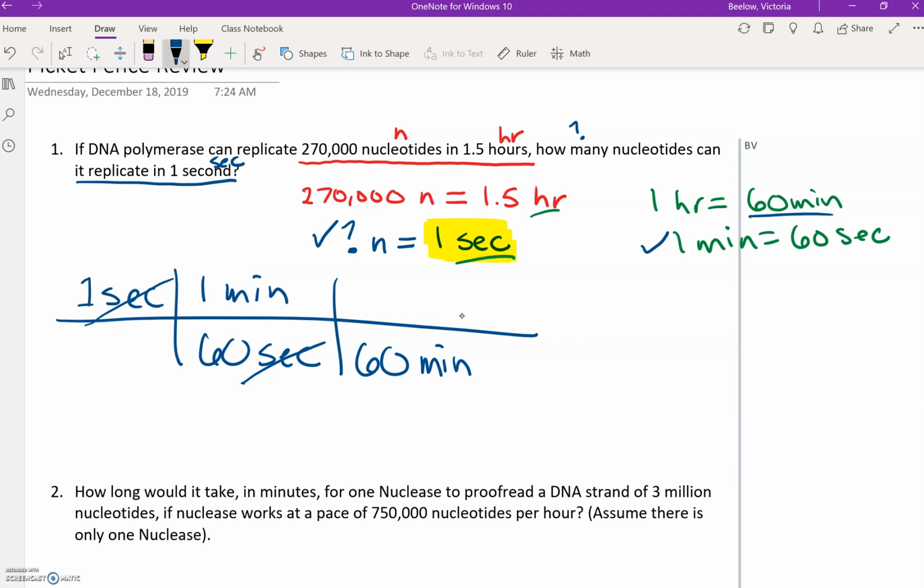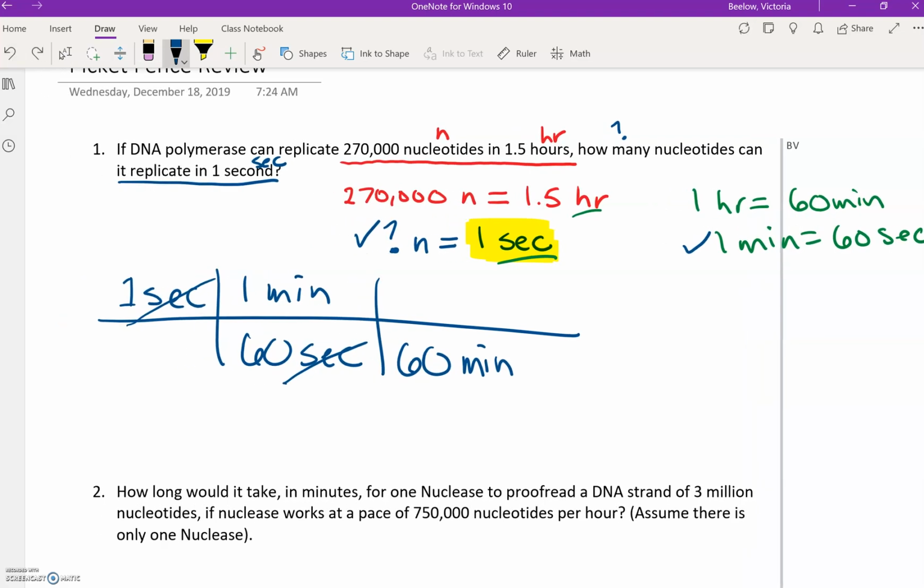Whatever goes above it has to be equal to, and that is equal to 1 hour. So I'm going to put 1 hour in the top. And so minutes will cancel in the top and the bottom, and right now I am in hours. So essentially all I've done so far is convert seconds into hours.